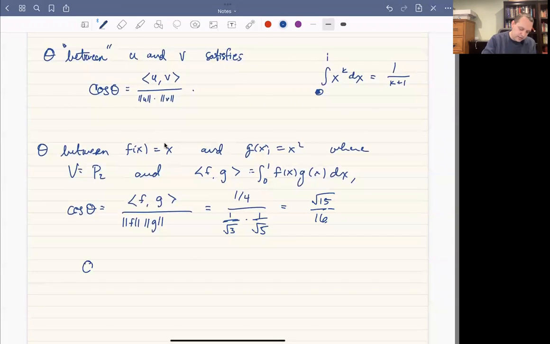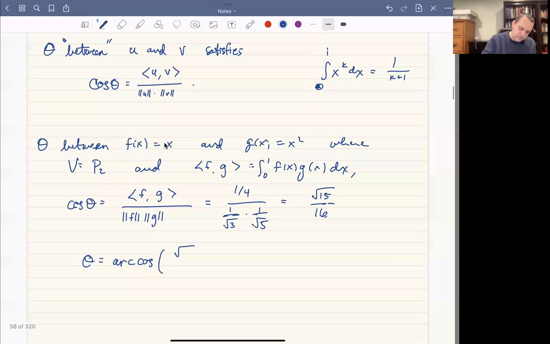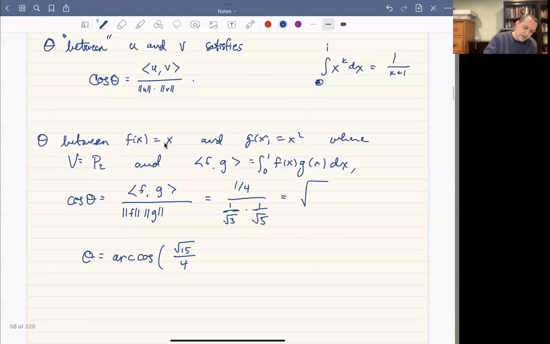And therefore, theta is going to be inverse sine of square root of 15 over, I don't know why I wrote 16, square root of 15 over 4. It's probably obvious what I was thinking here, but I could write this as square root of 15 over 16 or square root of 15 over 4.